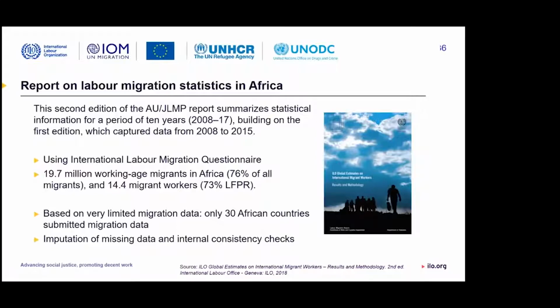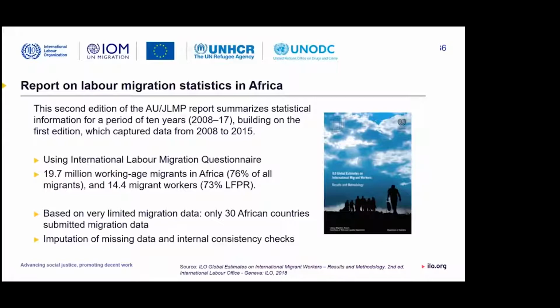The African Union report is the second report, again, capturing data from 2008 to 2015, trying to make estimates for up to 2017. It uses the International Labour Migration Questionnaire, and shows that on the African level, the labor force participation rate of migrant workers is about 73%.